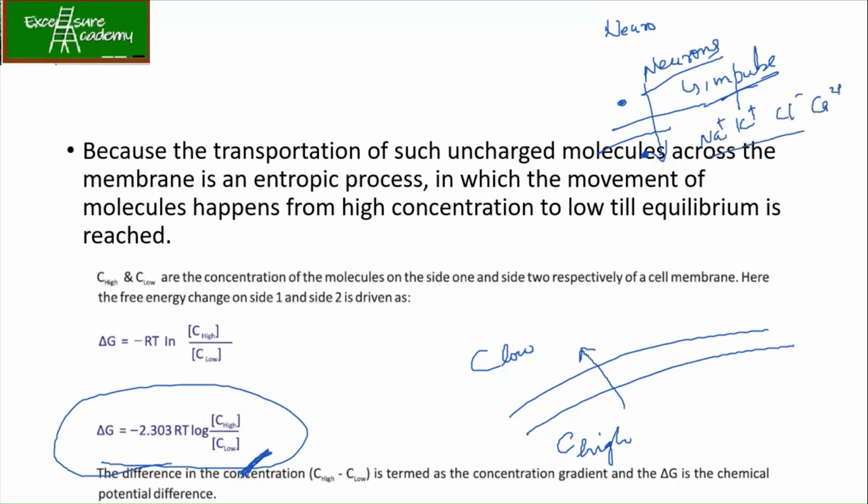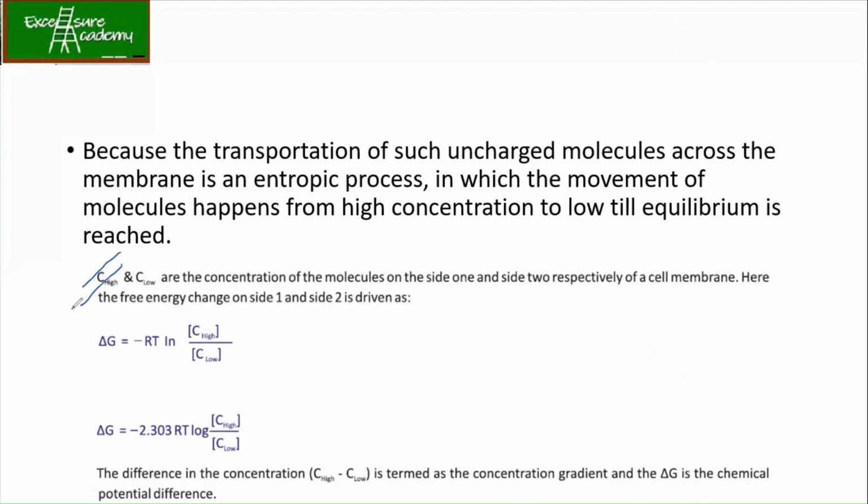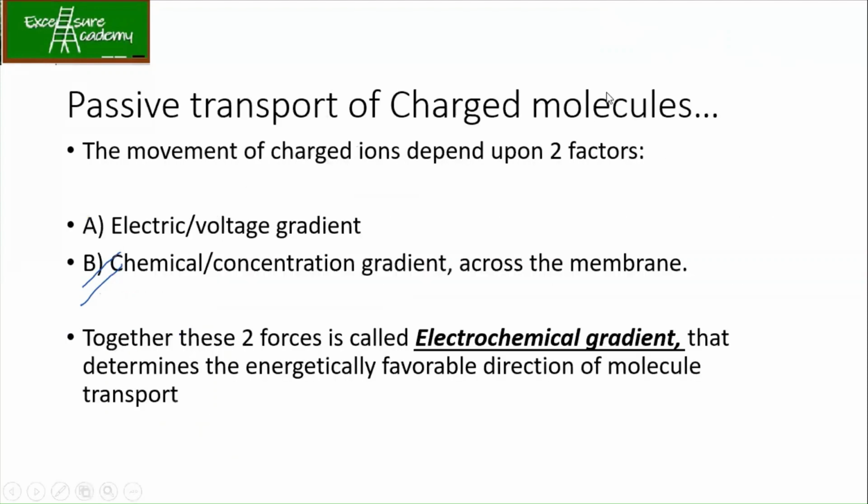Because of their difference, the impulse is generated. So that is the potential difference created when neurons are firing an impulse. Just giving you a gist of how neurons work. Keep this in mind, because from here onwards it is important for you to understand how the membrane helps in the transport of the molecules.